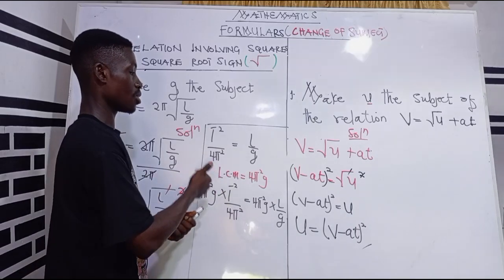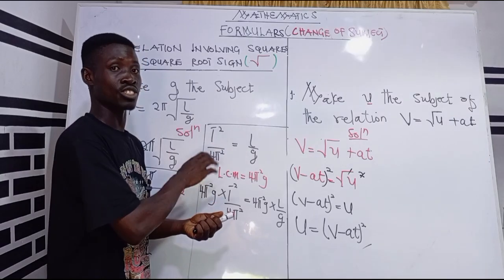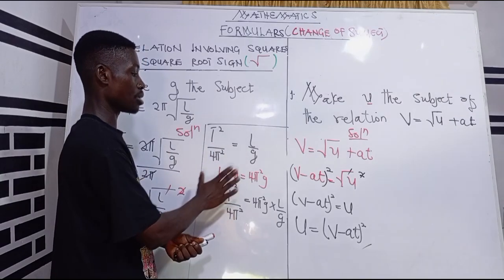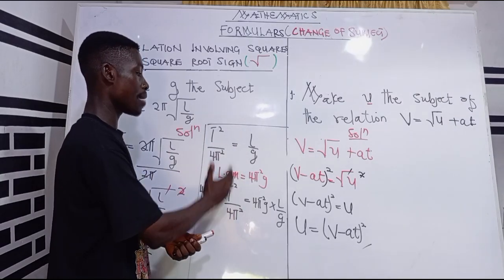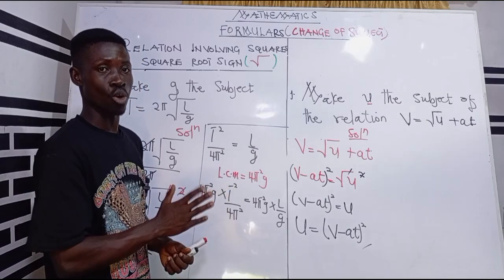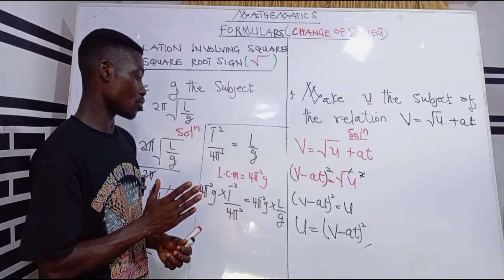So in removing the fraction or the denominators, we can do that by multiplying both sides of the equation by the LCM of the denominators. I guess you are following.